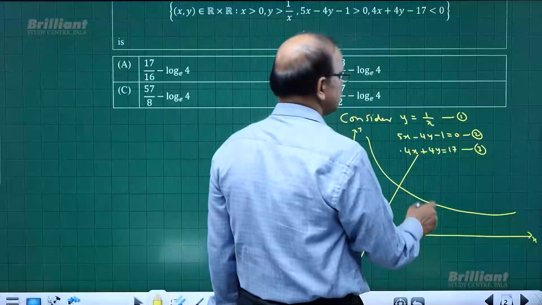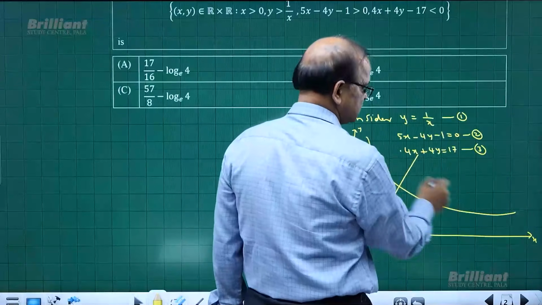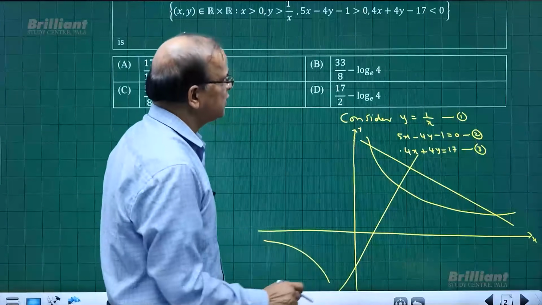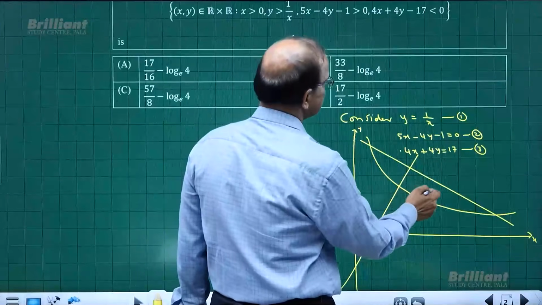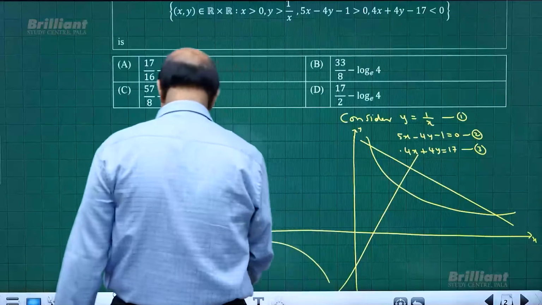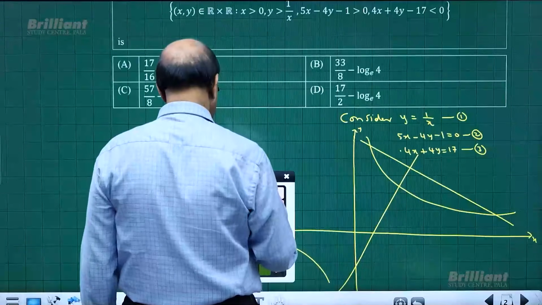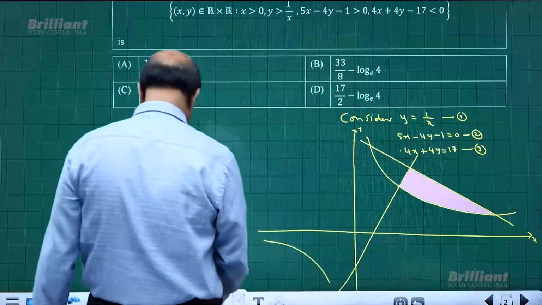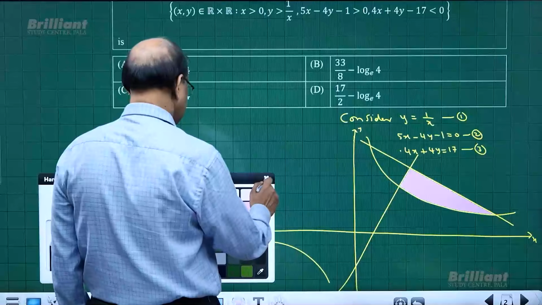Okay. Now, another is 17 like this. Now which area is greater than 0, for this less than 0, this above greater than 0. So, this portion, right. So, therefore, the area of this we want, that is the required area, right.